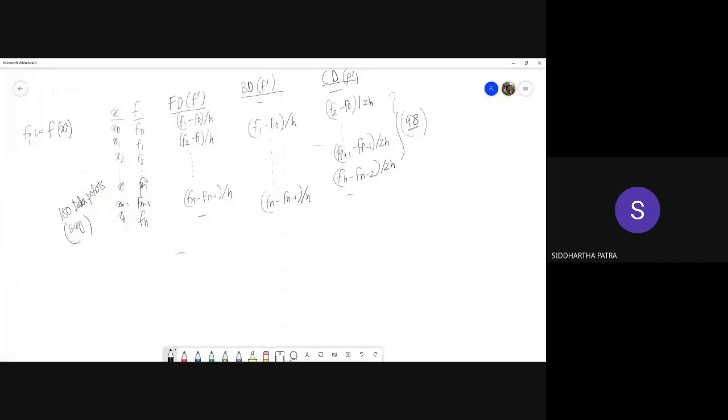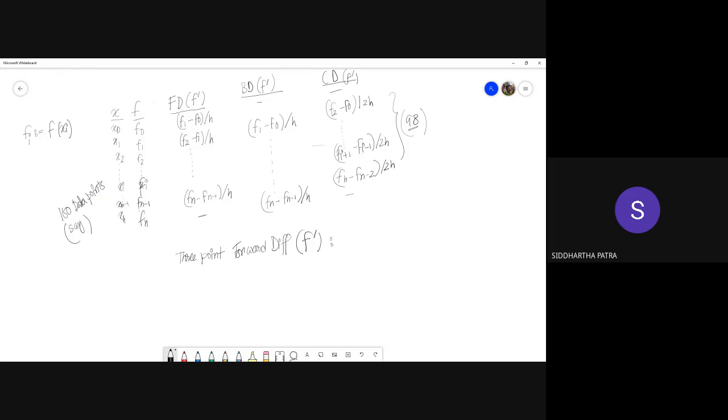For example, let's try 3-point forward difference. Still trying to evaluate f prime.